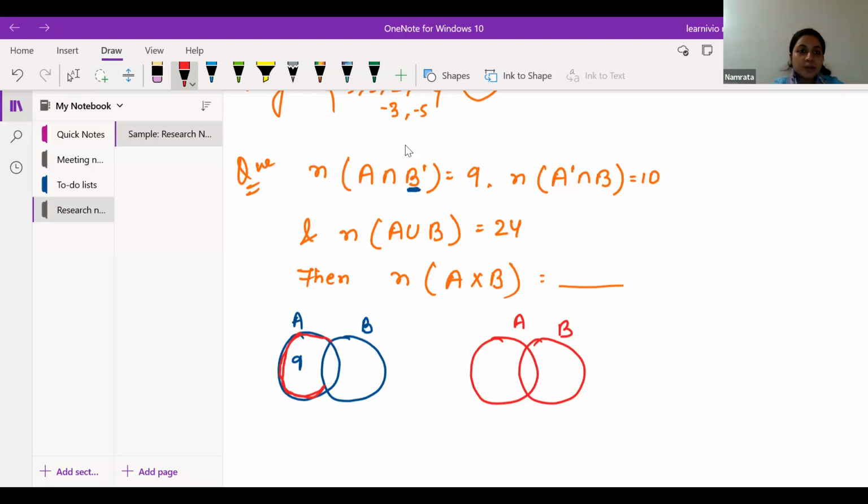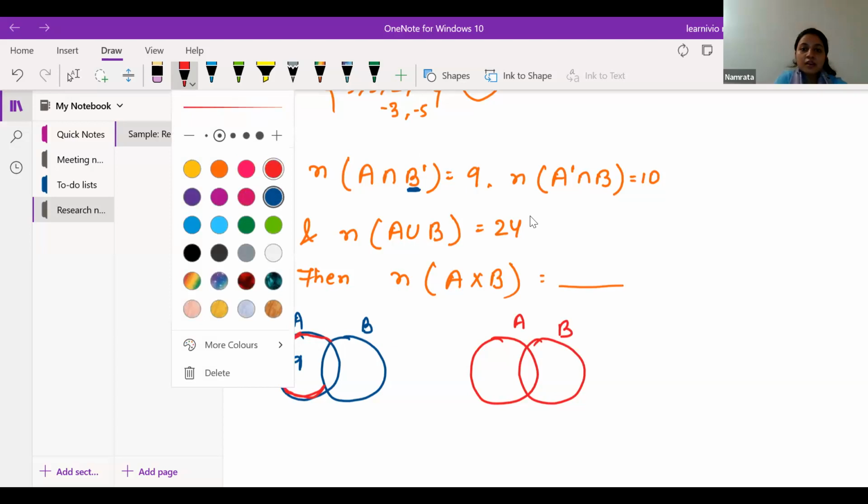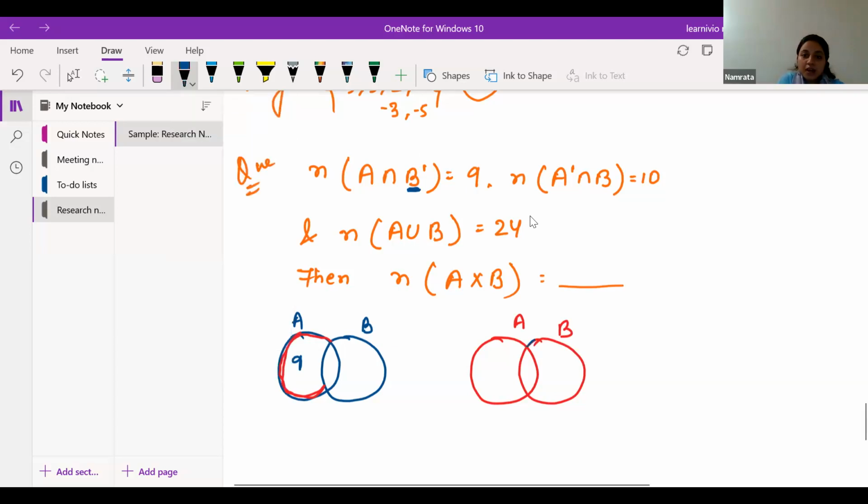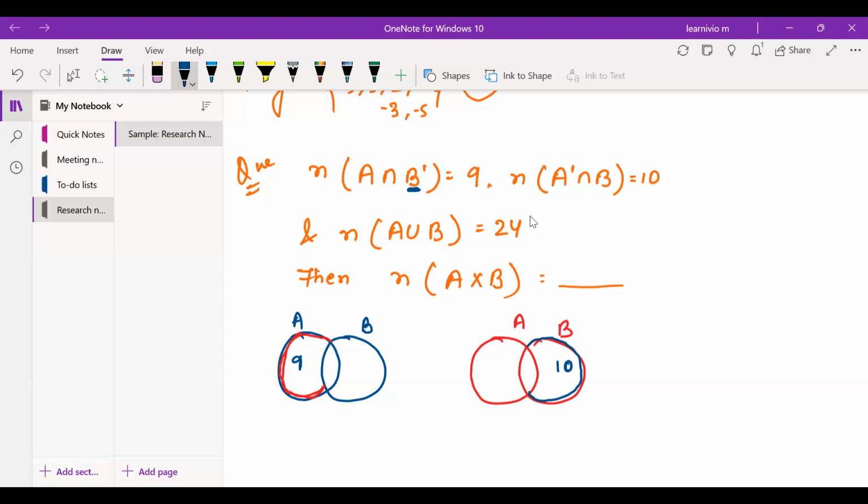The remaining will be only this part of B, and that is 10. Can we say? Is it clear so far? Yes, ma'am.